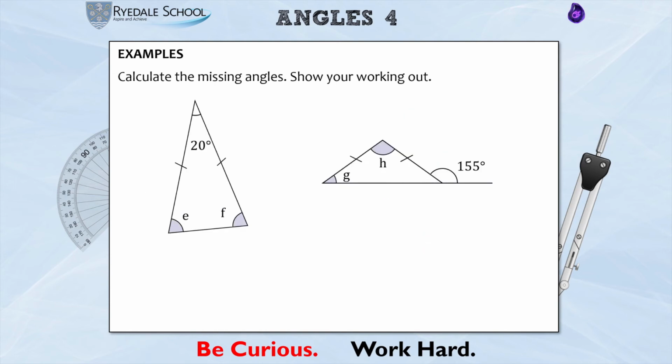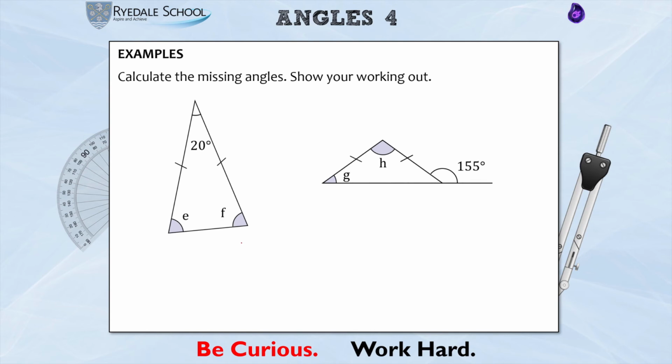So let's look at a couple more challenging questions, the sort that some of you might get onto today. So we've got this triangle here, and this time I've told you the top angle is 20 degrees, and we've got E and F. And E and F are the two angles that are the same size.